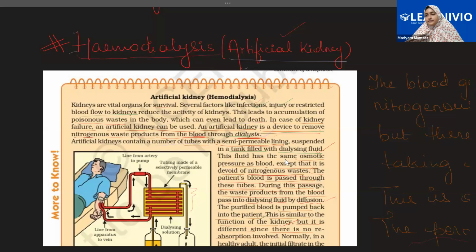Die? Yeah, they die. Imagine nitrogenous waste, they are toxic substances in our body and they are constantly being removed, isn't it? There are some of us that keep on going to the washroom 5 times a day. Then there are some that like all of us go, right? How and why? Why do we go?